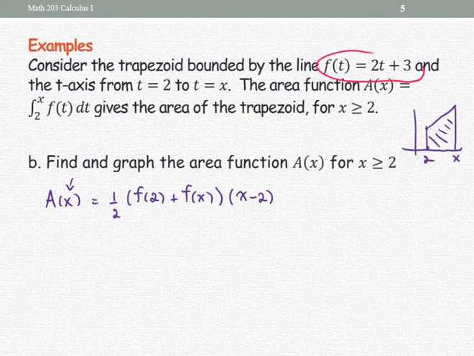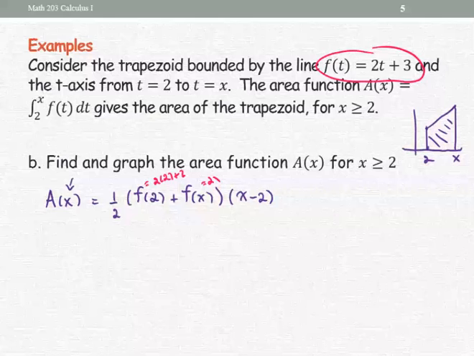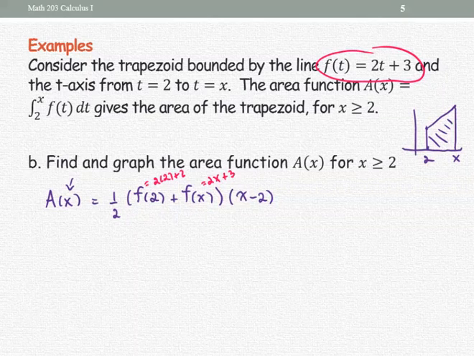Again, the function goes with 2t plus 3. F at 2 is 2 times 2 plus 3, which is 7, what we computed earlier. At x, it's going to be 2 times x plus 3. Now we get the simplified form as 1/2 times 7 plus 2x plus 3, multiplied by x minus 2. 7 and 3 simplified to be 10.